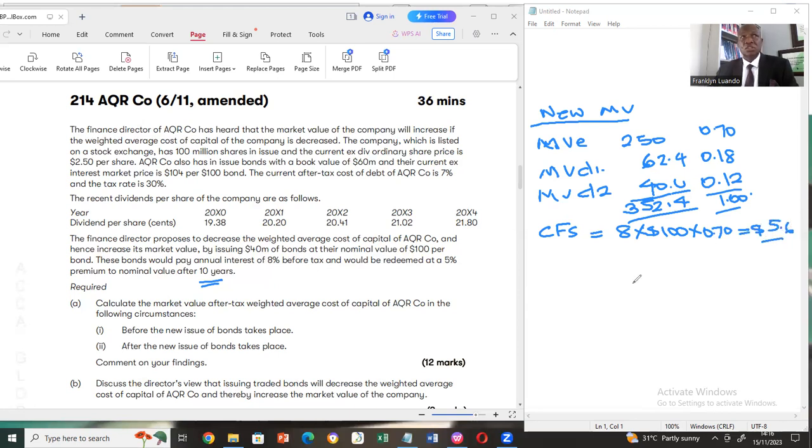So the cash flows will be interest of 5.6, which is 8% less the tax component.